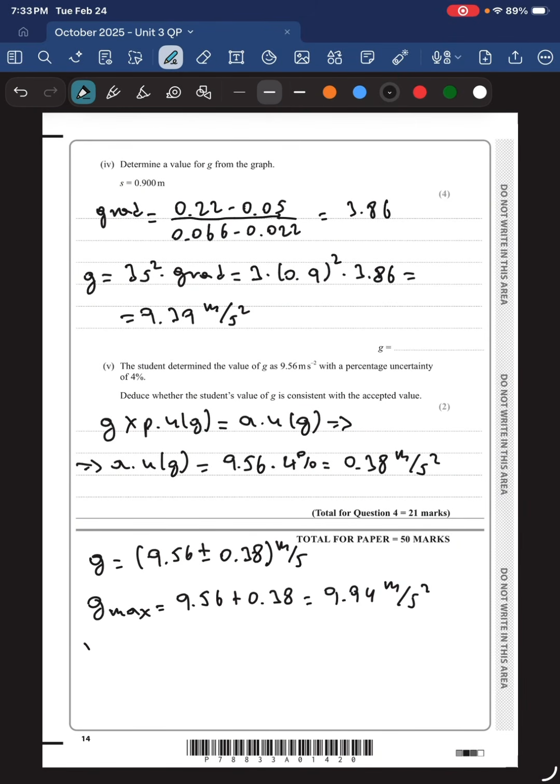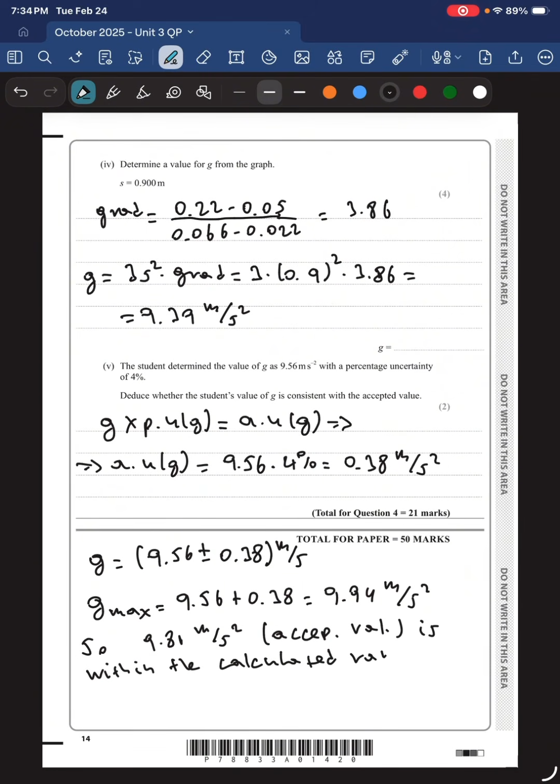And 9.81 meters per second squared, which is the accepted value, is within the calculated range. Hence, the student is accurate.